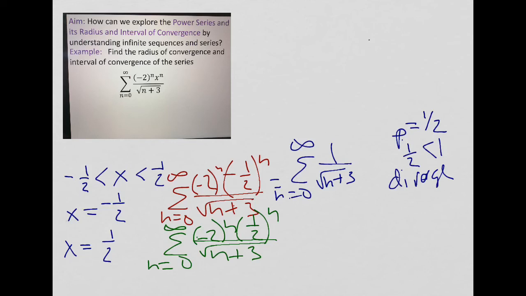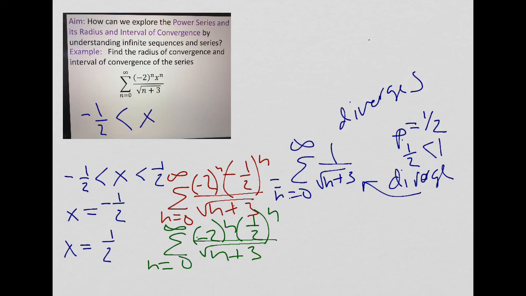And if you continue to do the limit comparison test, then we also find out that this too diverges. So we're not going to include the -1/2 in our interval of convergence.